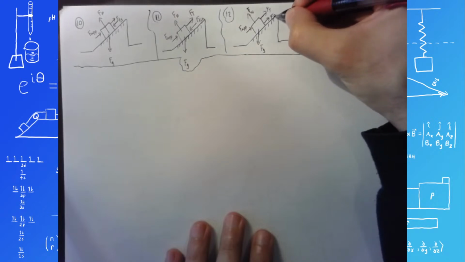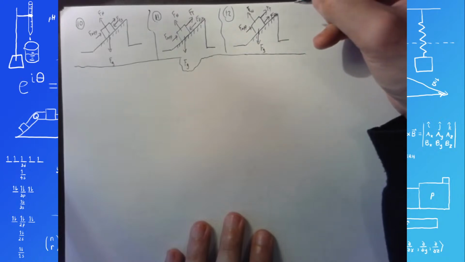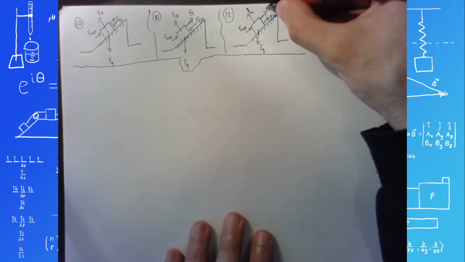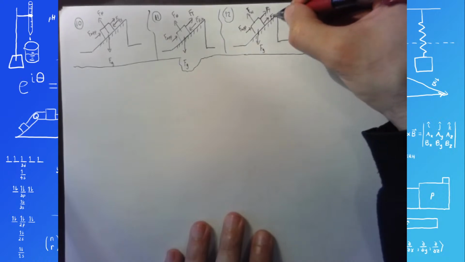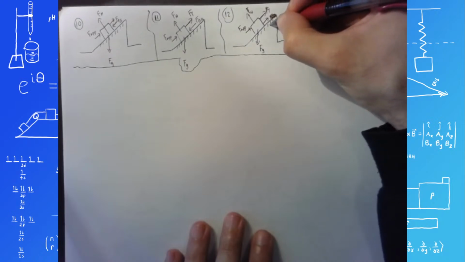I did not make enough space for this, did I? Nope. That's not even readable, is it? And come to think of it, force of tension isn't readable either. Okay, there we go. Force of tension, and then this, I'll just write it off to the side here. Force, friction, kinetic, and then I'll just do a squiggly arrow pointing to it.